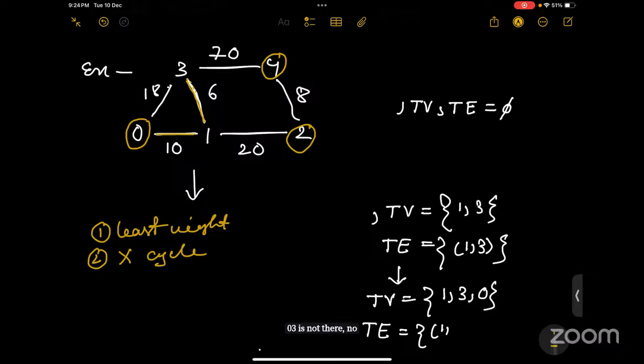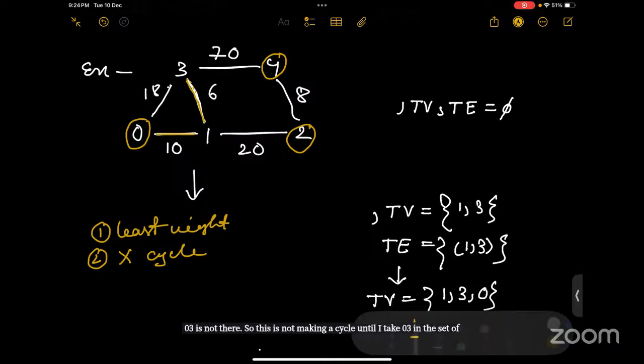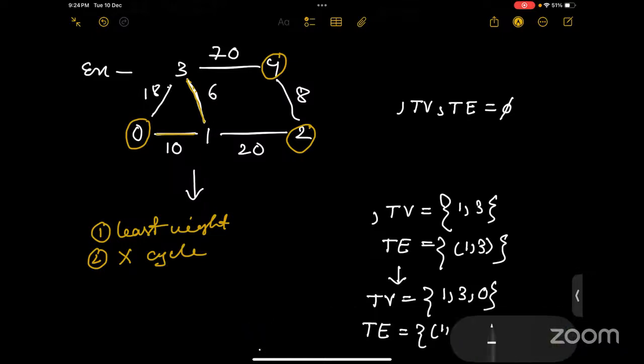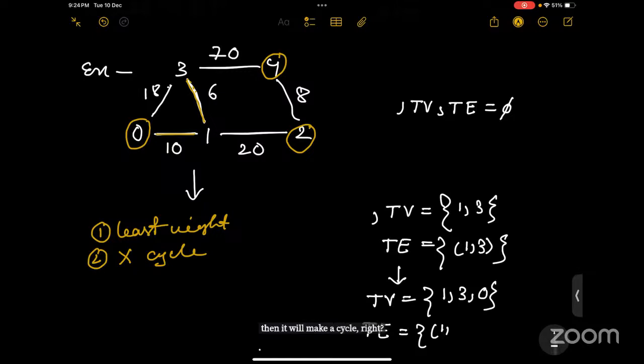So this is not making a cycle until I take 0, 3 in the set of edges. If I take 0, 3 in the set, then it will make a cycle, right?